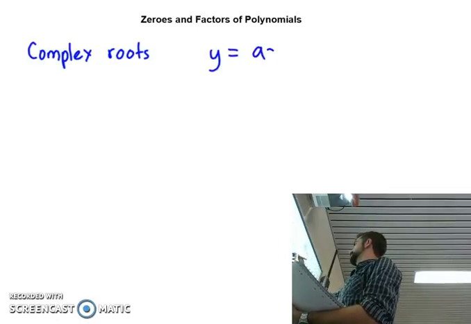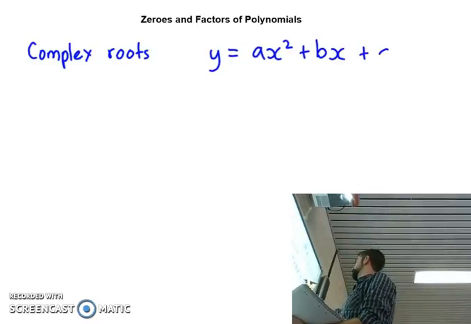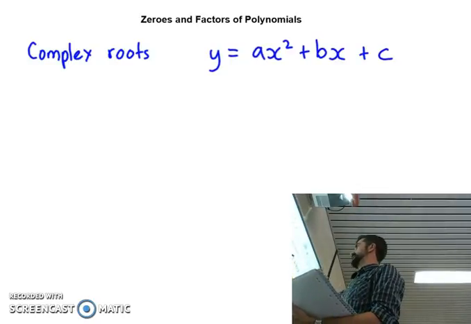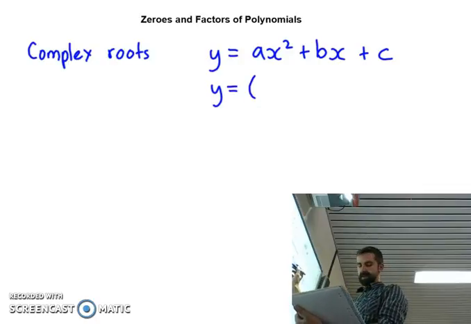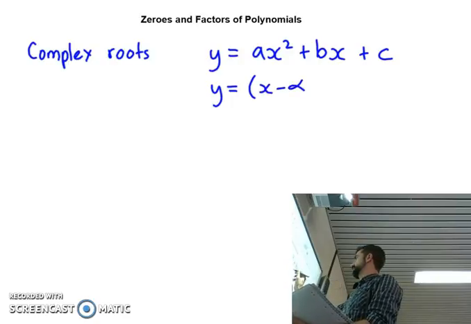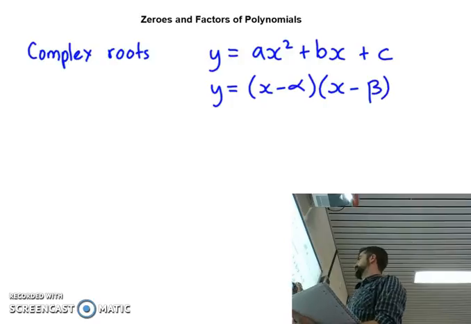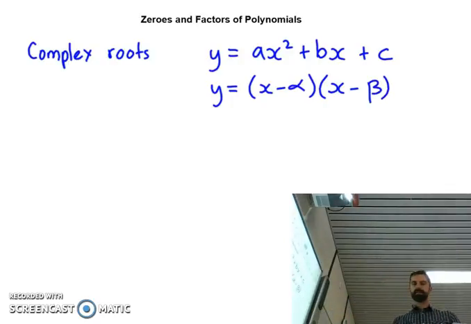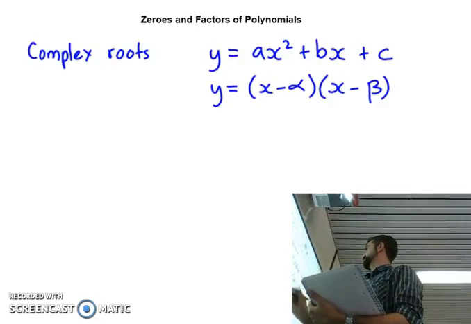Let's say we've got y equals ax squared plus bx plus c. And let's say that if we factorize that, it will come out to x take alpha, x take beta. And we probably will leave it like that.